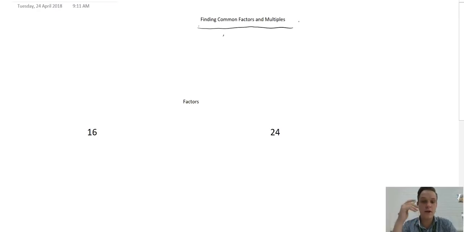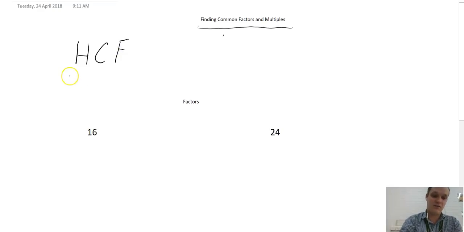So to start off with, we're going to start working with factors and finding common ones and the highest common factor. So in your books, you're going to see something that looks like this. It's going to say HCF. Now that's easy. That just stands for your highest common factor.